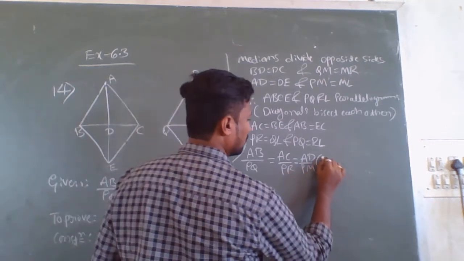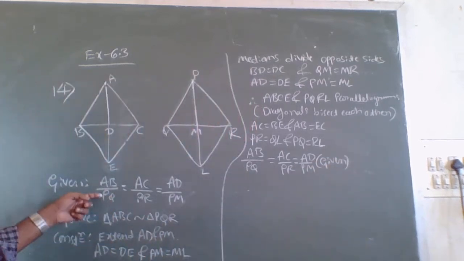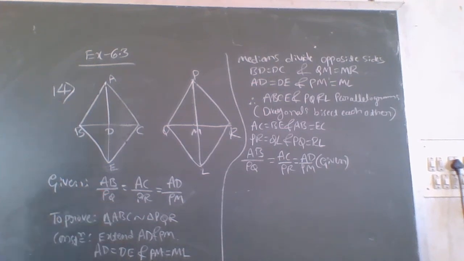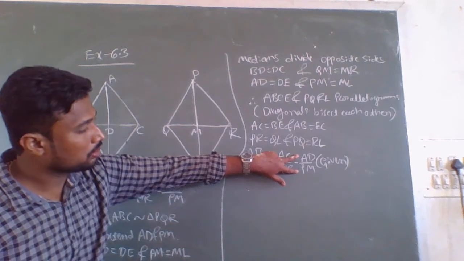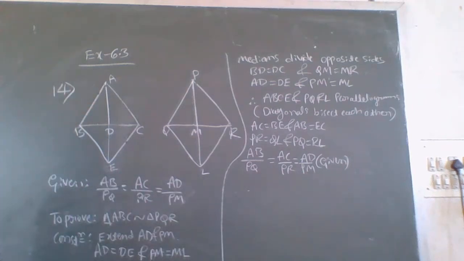This is given. So now what will I do? I will multiply 2 AD by 2 PM. I will write 2 AD by 2 PM.